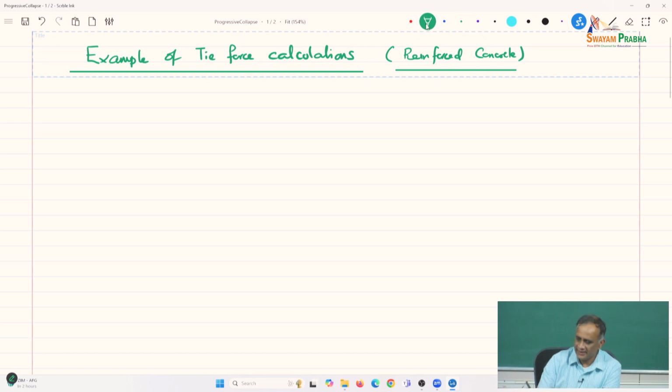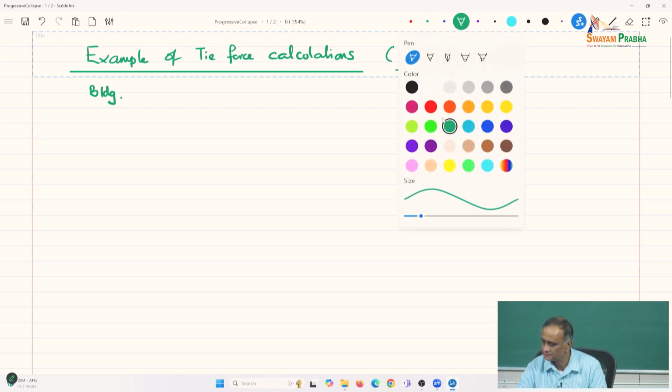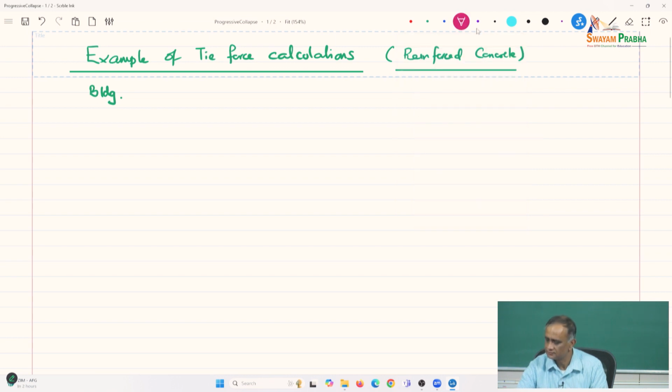So, the building is a 6-story building, and it is an ordinary concrete moment frame.